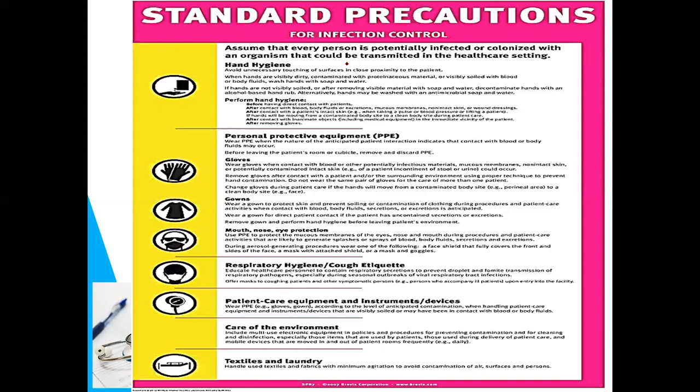First of all, hand hygiene. As we said, we have to do proper hand hygiene and avoid unnecessary touching of surfaces in close proximity to the patient. When hands are visibly dirty, contaminated with proteinaceous or organic materials or fluids, visibly soiled with blood or body fluids, wash hands with soap and water.